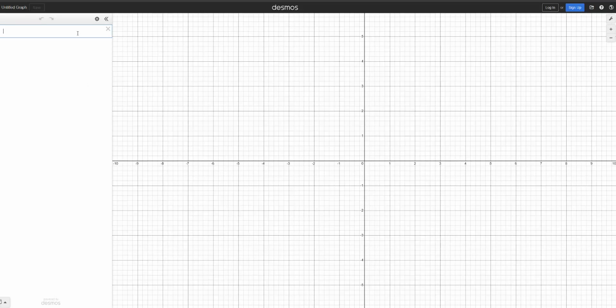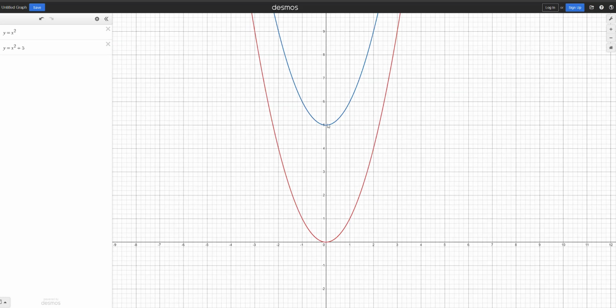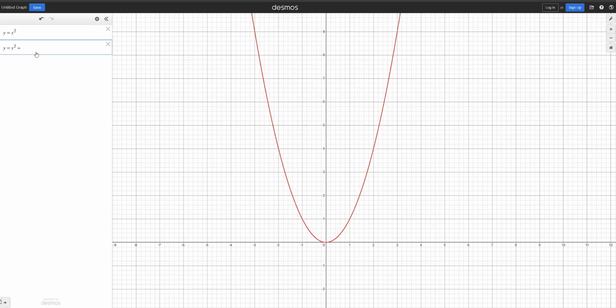So here we have Desmos. We have y equals x squared. And let's just say I have y equals x squared plus 5. Look what happened to the blue compared to the red. And I'll do it in slow motion. So if I do 1, 2, 3, 4, 5, the more I add, the more up it goes. So it's a vertical translation and moves up. It doesn't have to be exactly 1 either.